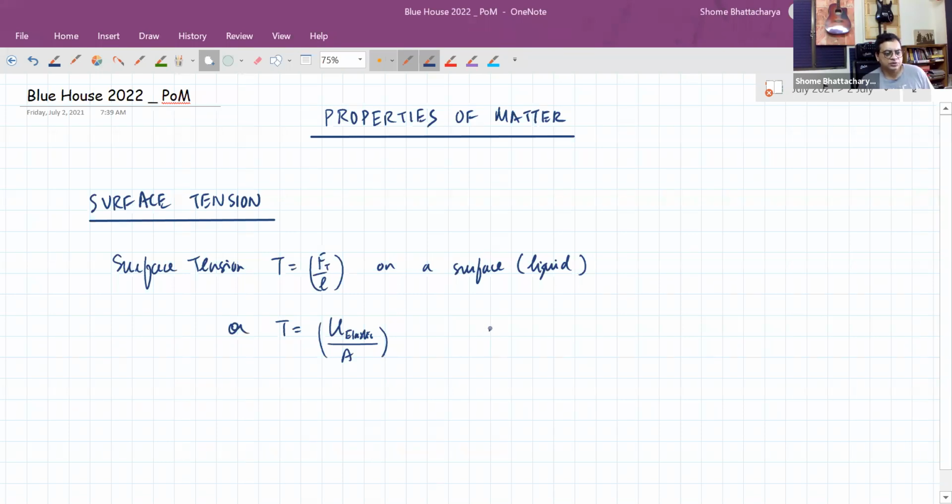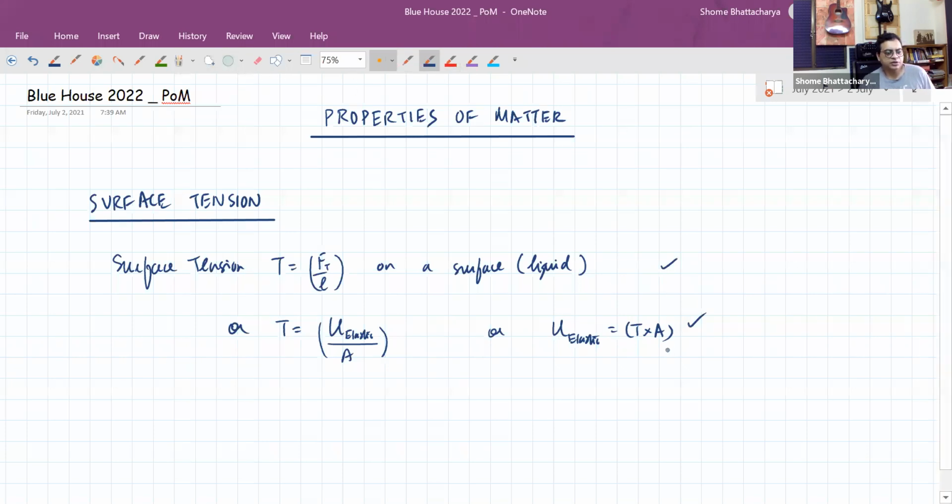Or in other words, the elastic energy of a surface is equal to the surface tension multiplied by the area. These are the couple of definitions that we had seen last time. And we had seen some problems based on this.